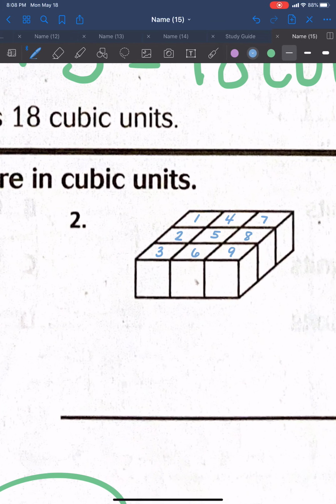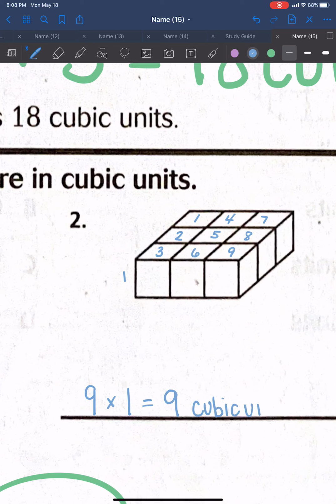So we have 9 in 1 layer, and then we multiply it by the number of layers that are present. Well, in this particular solid figure, I only have 1 layer. So 9 times 1 equals, easy one, 9 cubic units.